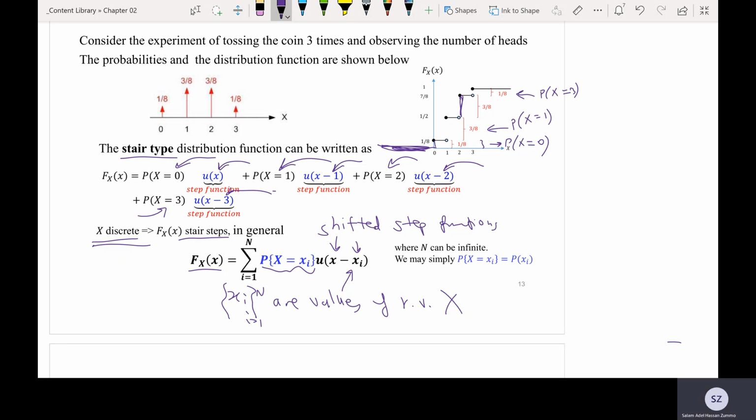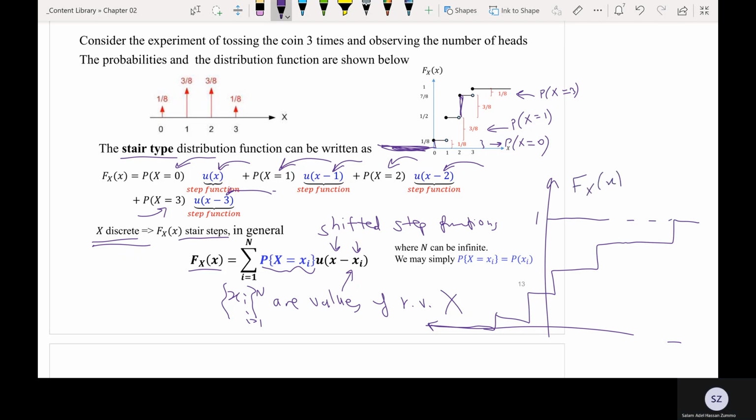So in general, it looks like a step function that starts from minus infinity at 0 and goes up. So this is a typical f(x) of x.